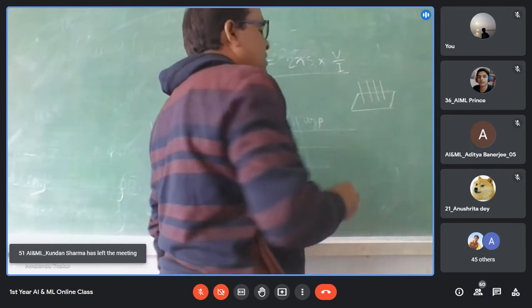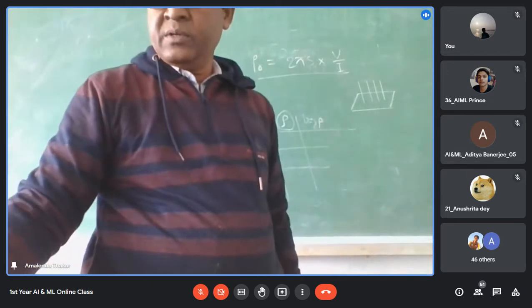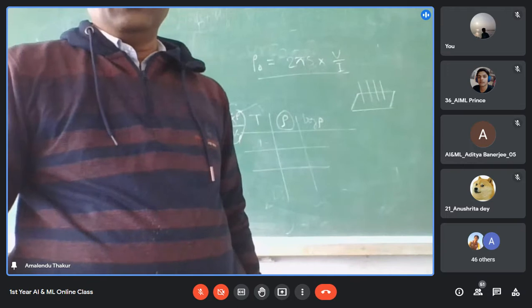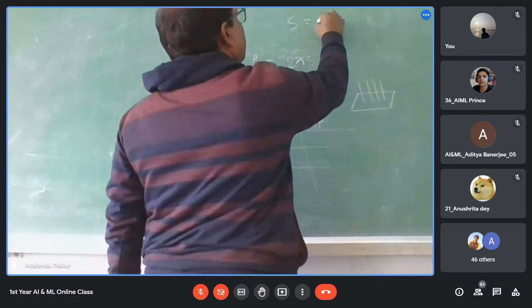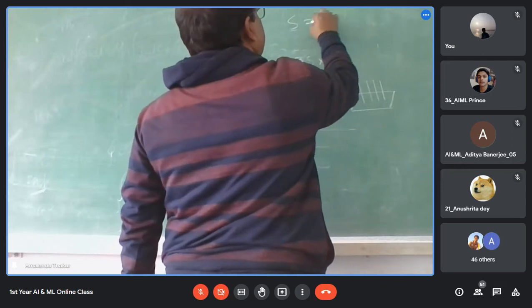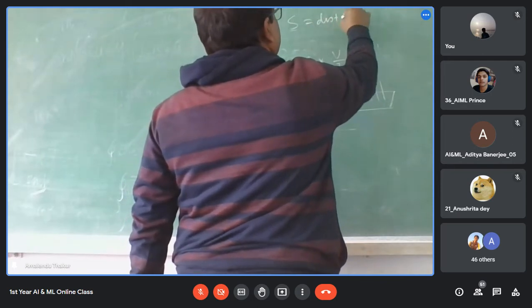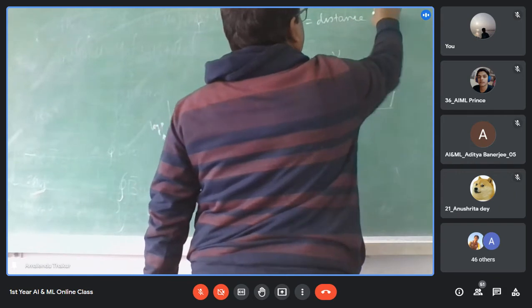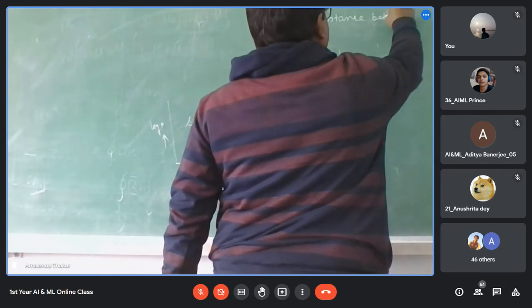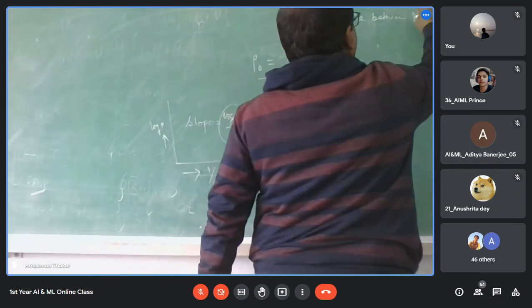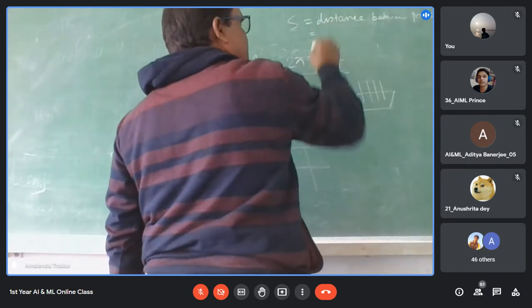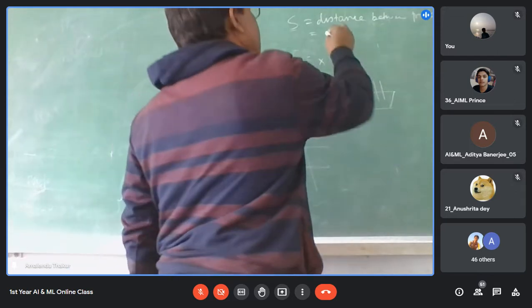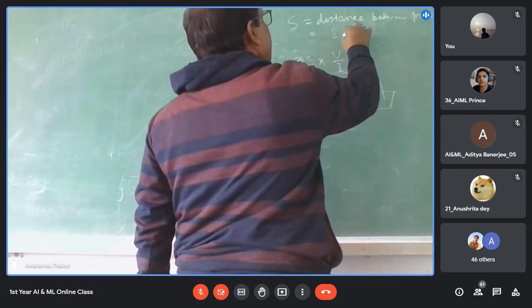Now S is the distance between probes, and this value is given. In our lab, it is 2 millimeter.